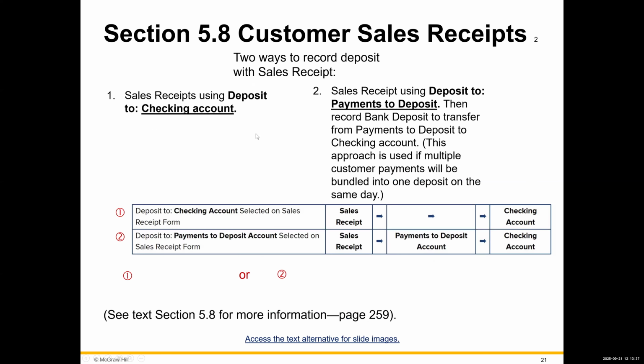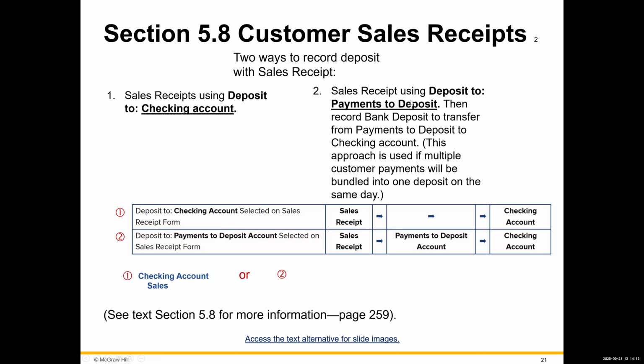Now, when we record a sales receipt, which is a cash sale, we can deposit that money directly into the checking account, right? If you do that, you're going to be debiting checking and crediting sales. But really, when you receive that money, you didn't go to the bank with it. You still have it at your place of business. So it makes more sense to deposit it to payments to deposit because you didn't put it in the bank.